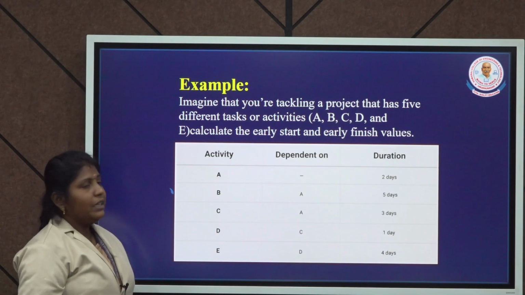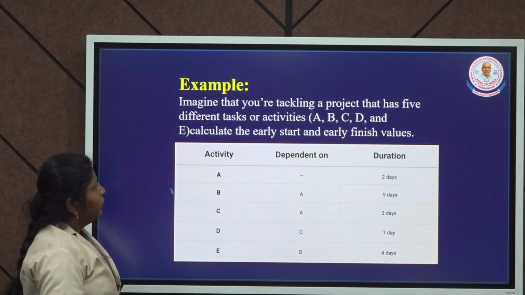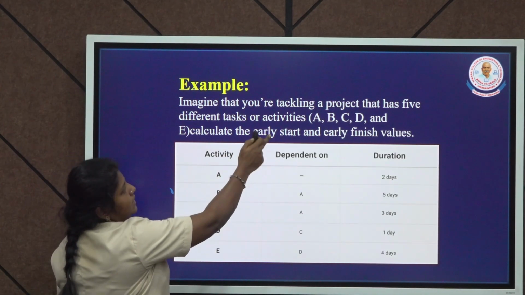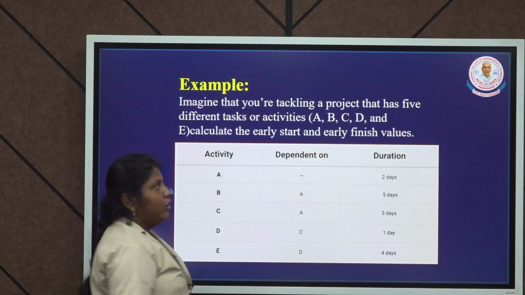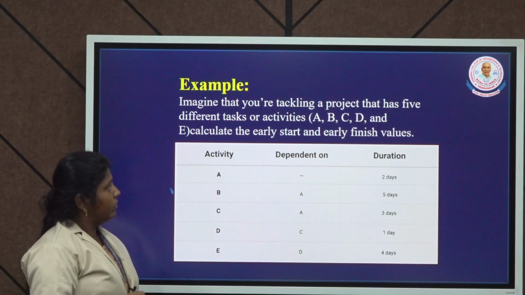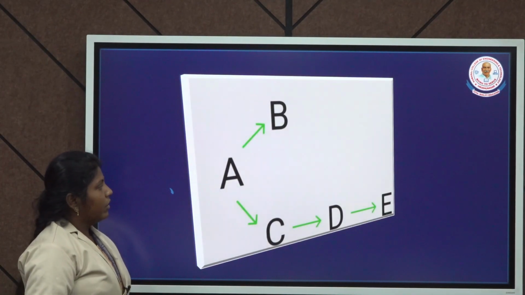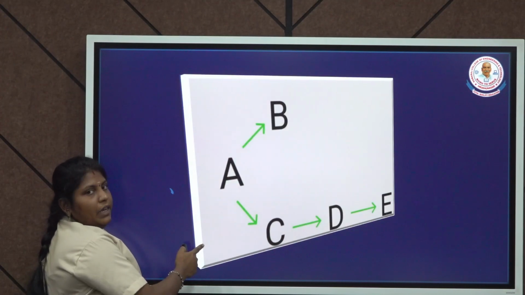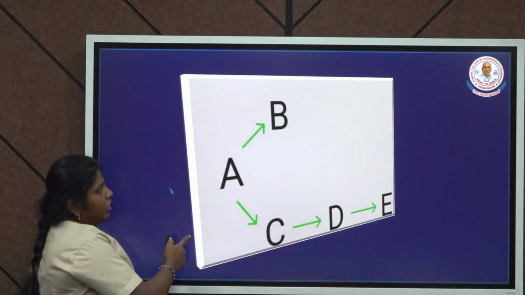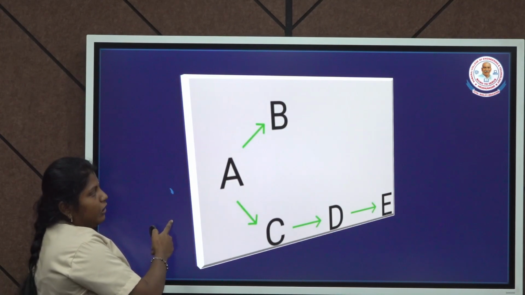Using the forward pass technique, we have to calculate the early start and early finish values. This is the simple network diagram constructed from the given project values.